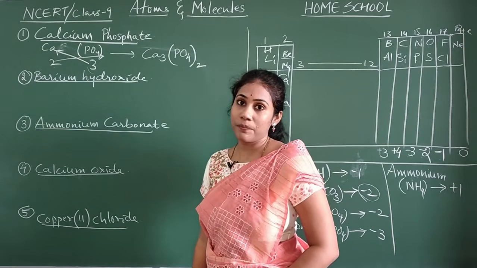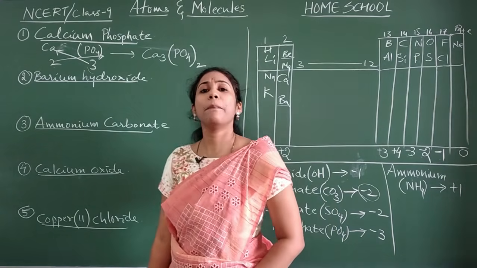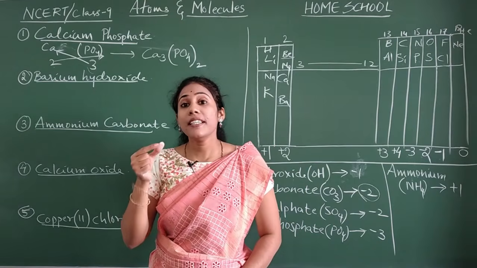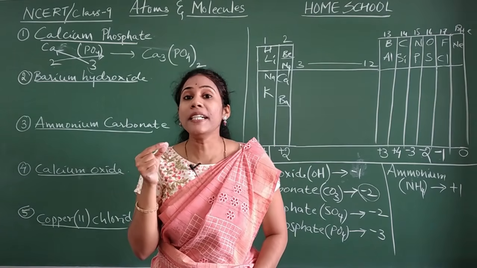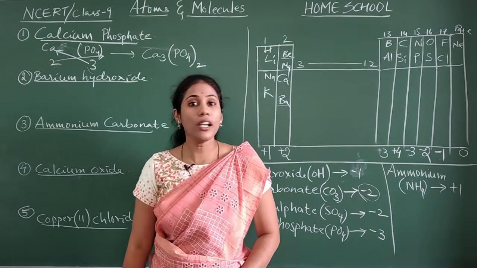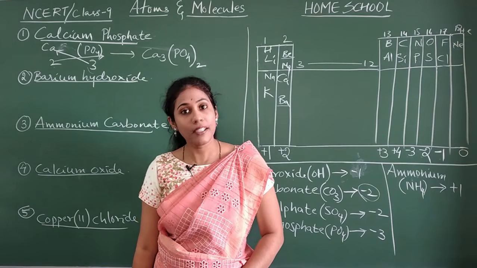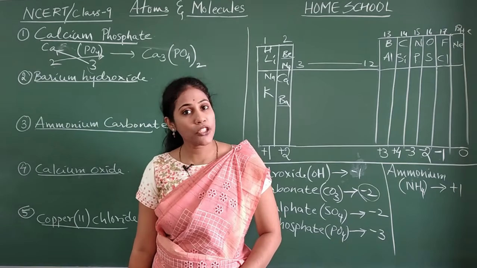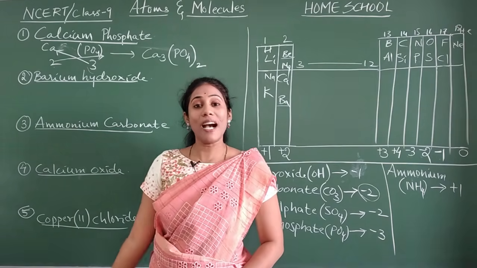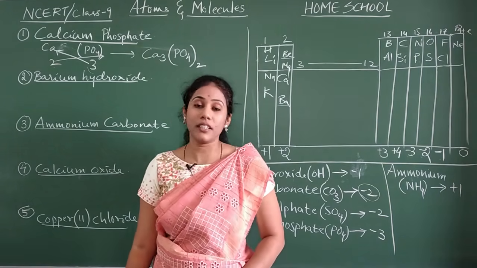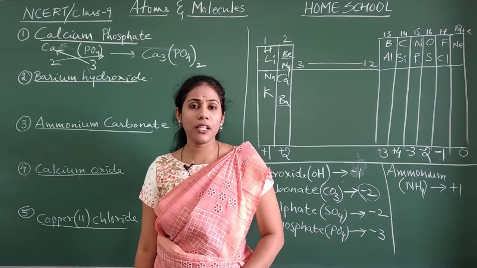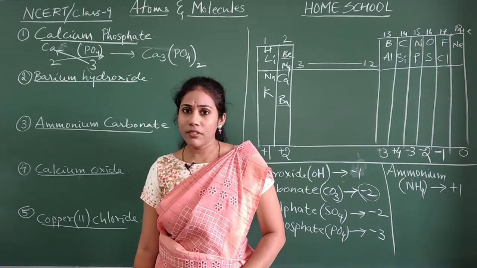Calcium phosphate is a very important compound. Calcium phosphate is a component of human teeth and bones. We all heard that teeth and bones are made up of calcium. You need to take more and more calcium every day. If you take calcium, our teeth and bones will get stronger. This is what we heard from childhood. So why will teeth and bones become stronger if you take calcium?